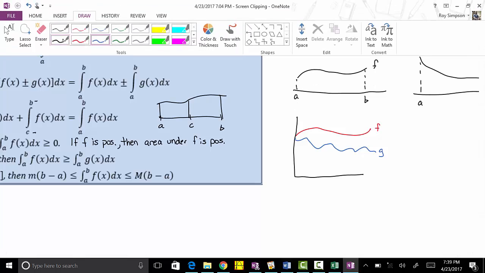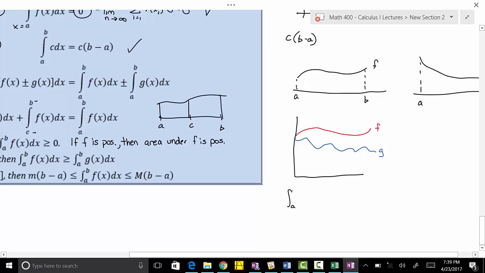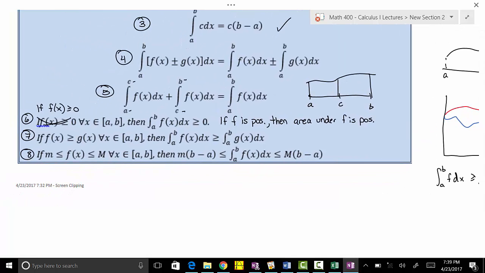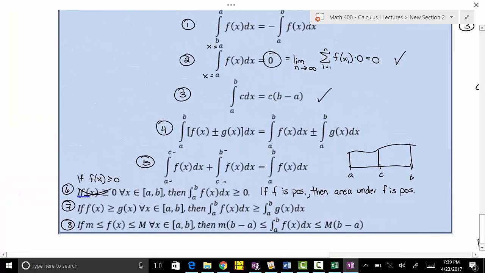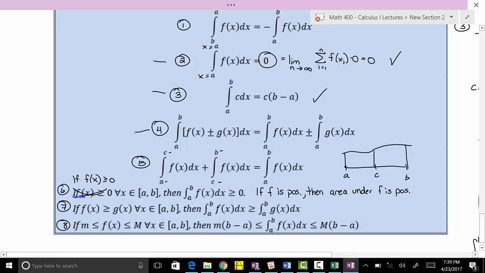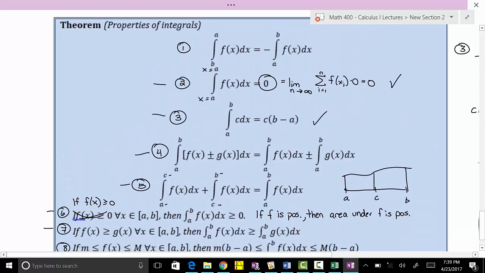It implies the area underneath f from A to B is always above the area underneath g from A to B. That should make sense. That's all that's saying. So again, 2, 3, 4, 5, 6, and 7 should be very understandable. The two that are kind of oddballs are 1 and 8, the outer ones.